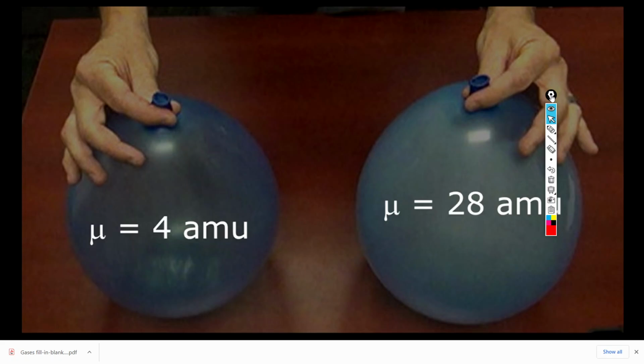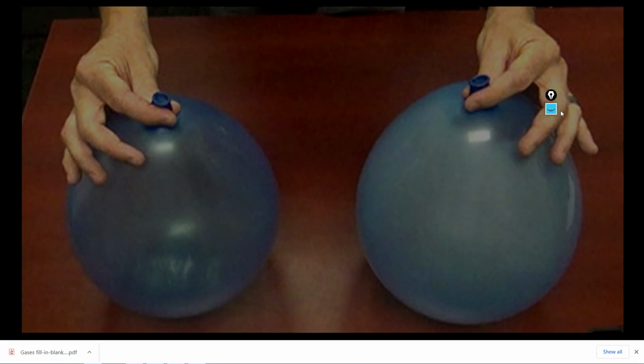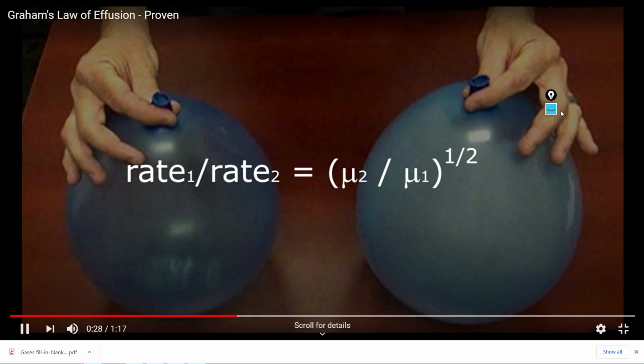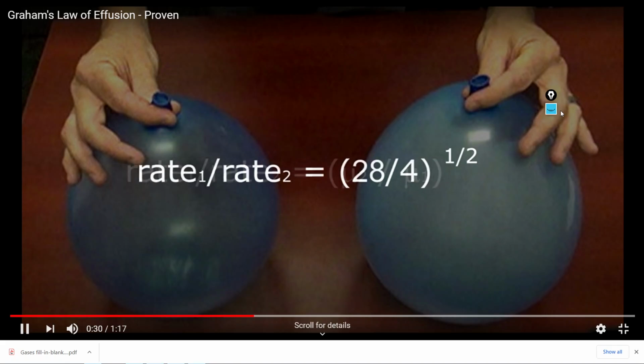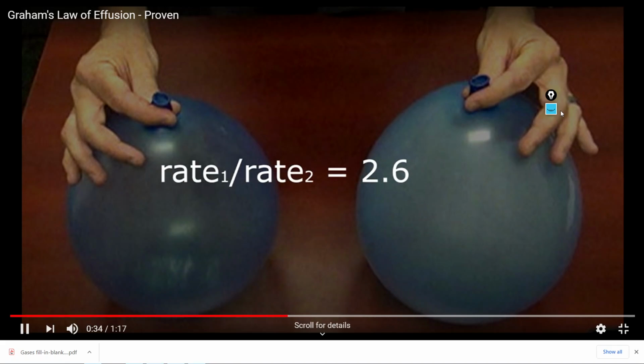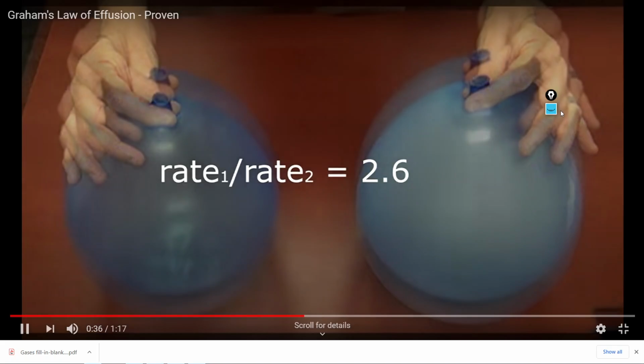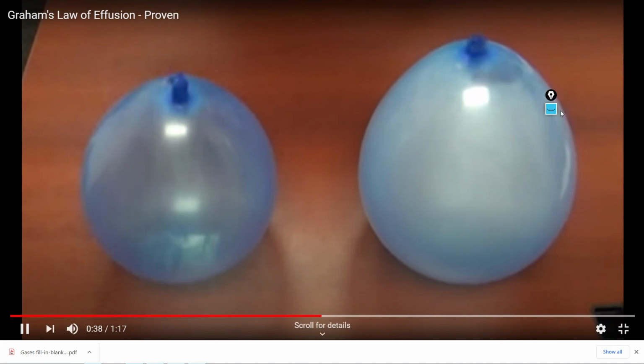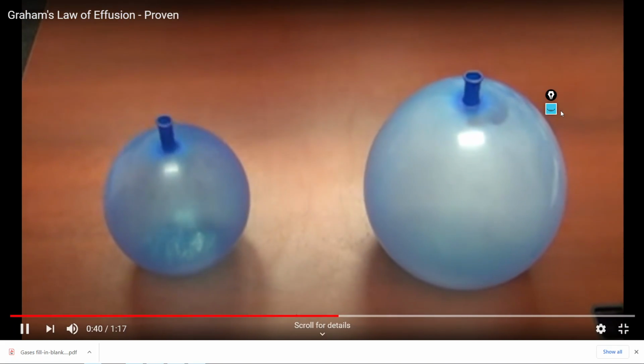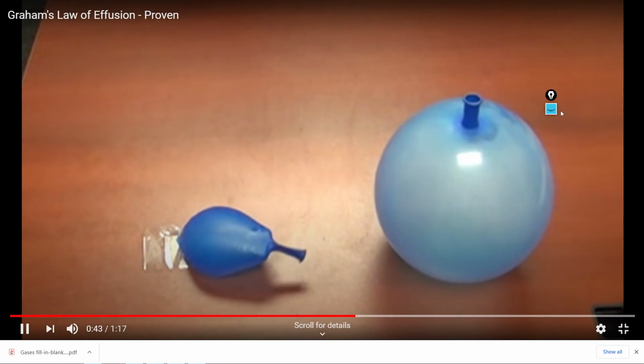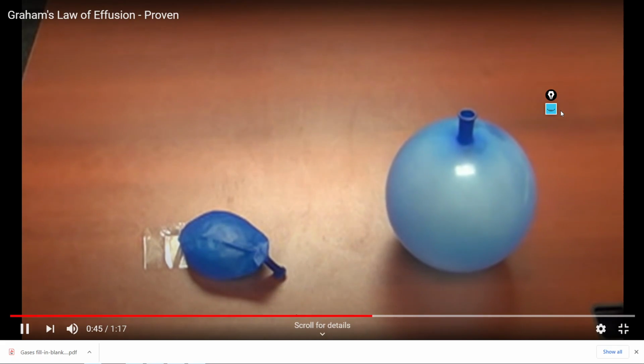That's code for just air. All right, and here's what should happen. The lighter gas should effuse faster than the heavier gas. And you can see that the balloons actually deflate at different rates, which is crazy.